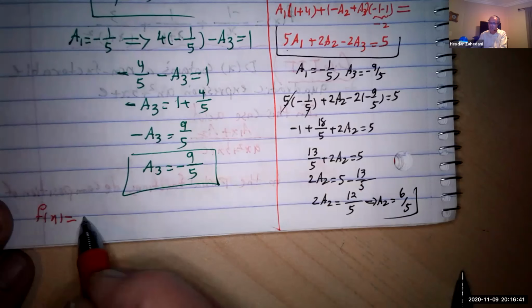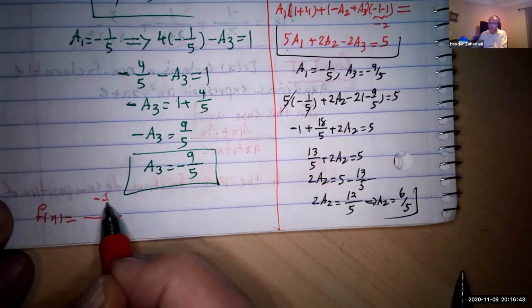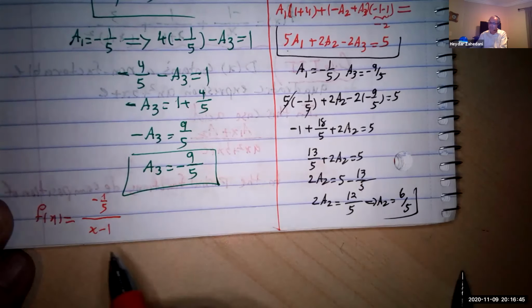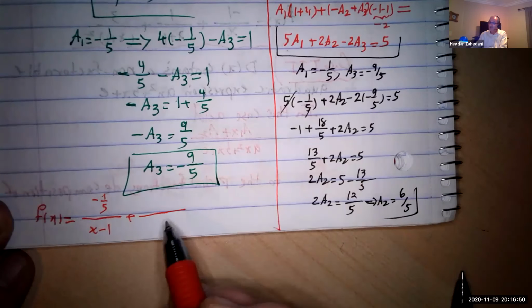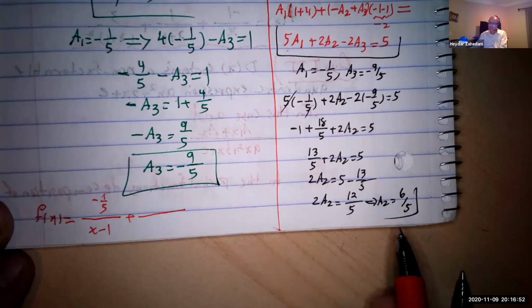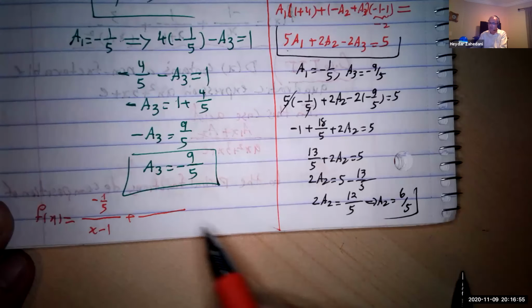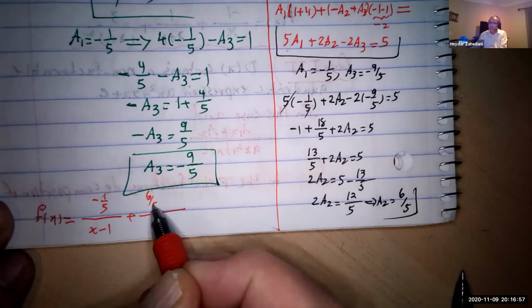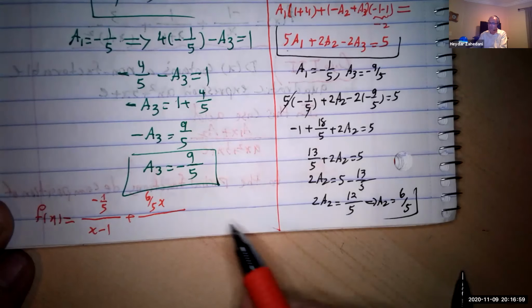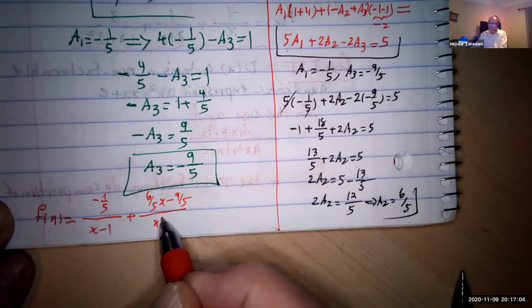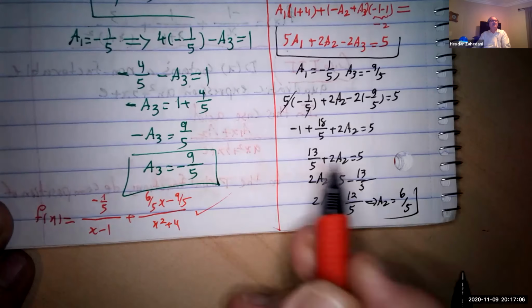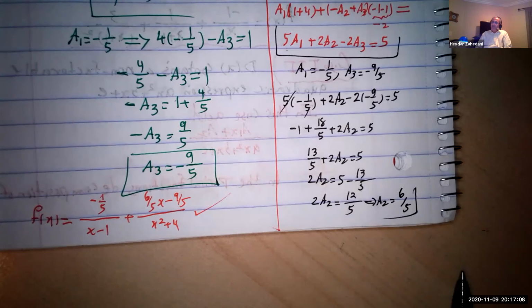So it's going to be negative 1/5 over x minus 1, plus a2 x. a2 is 6/5. Okay, 6/5 x. And the a3, minus 9/5, divided by x squared plus 4. So that gives you the final answer to get these numbers done.